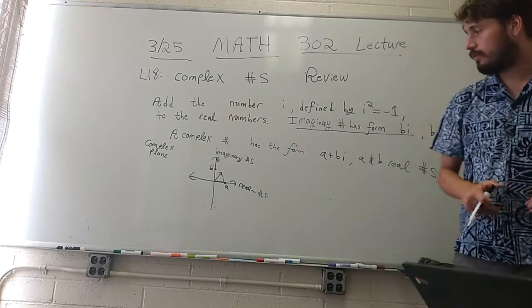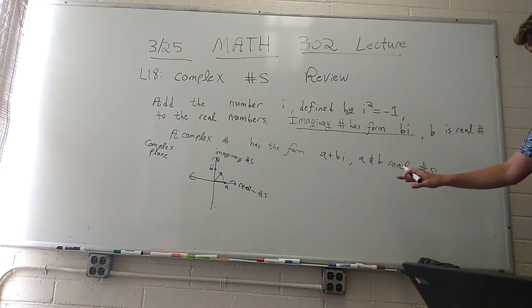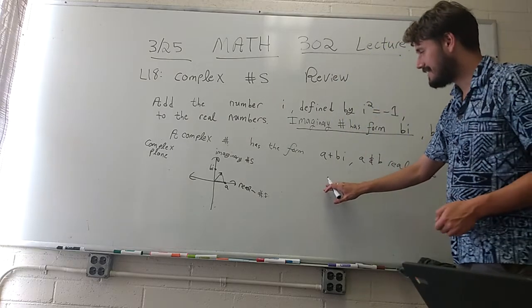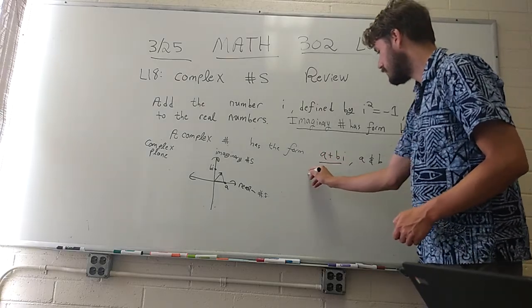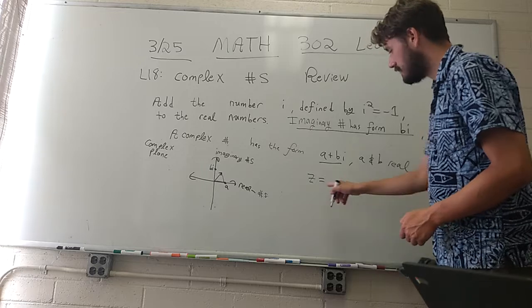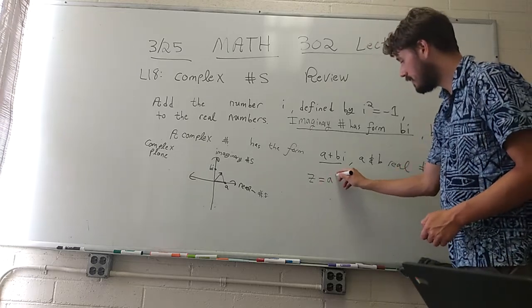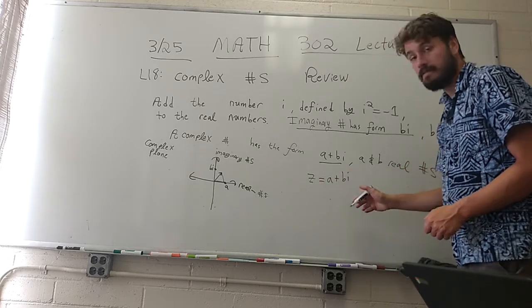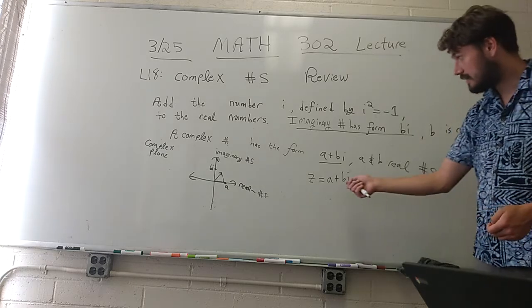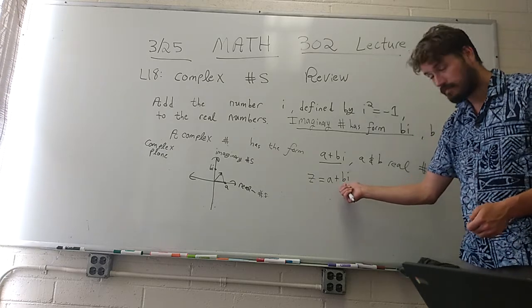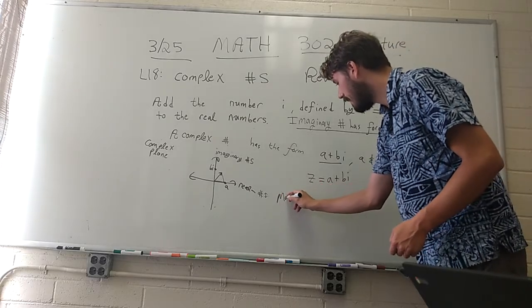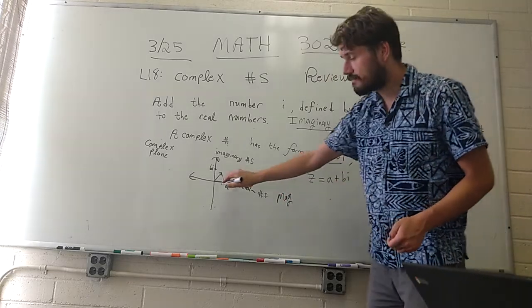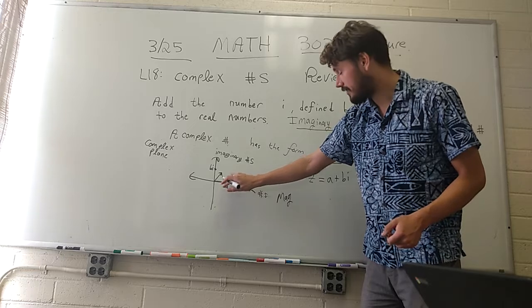There are two important things complex numbers have, and that is they have magnitude. They're usually written as a plus bi: a real number plus another real number times i. And as you see here, they can be visualized as a vector.